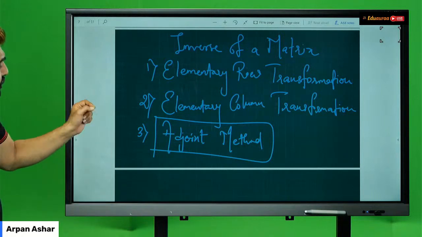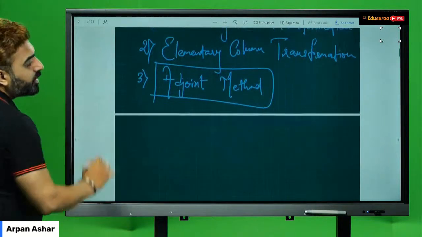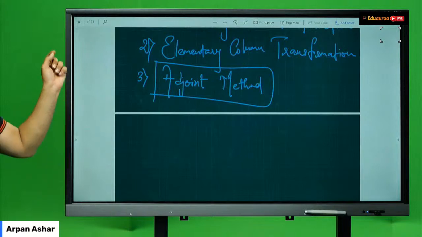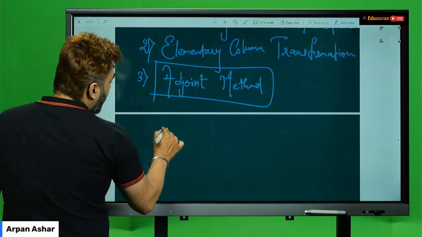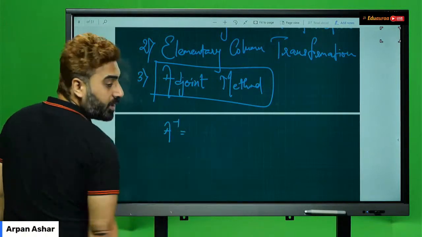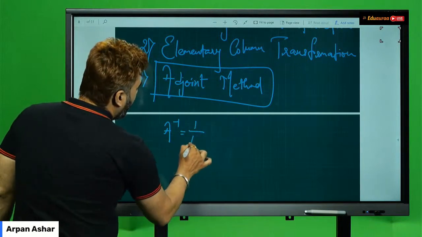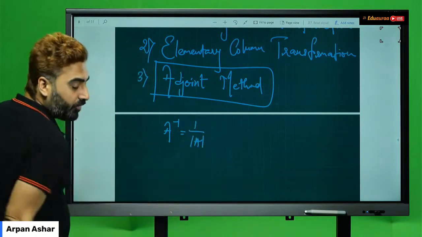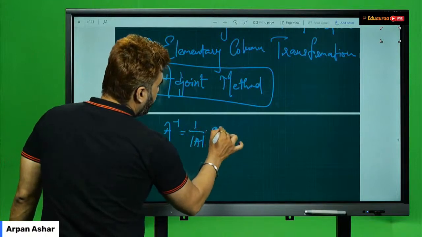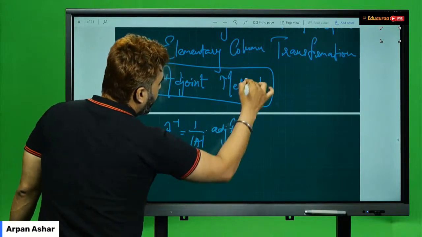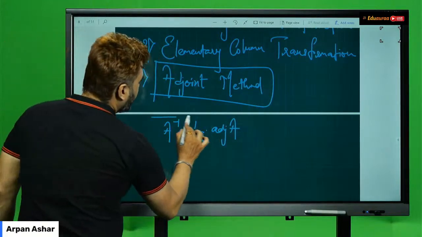Now the formula to find inverse of a matrix using adjoint method is A inverse is equal to 1 upon determinant of A into adjoint of A. Remember this formula, students.